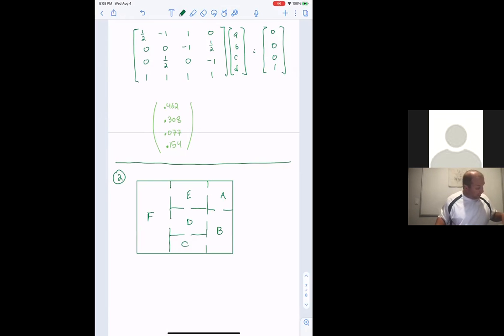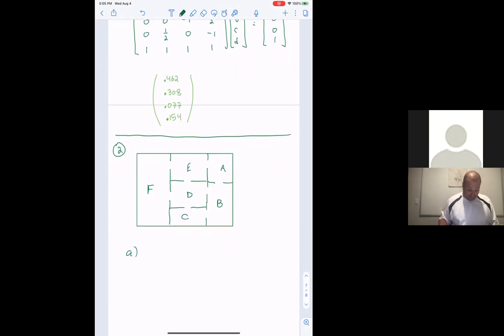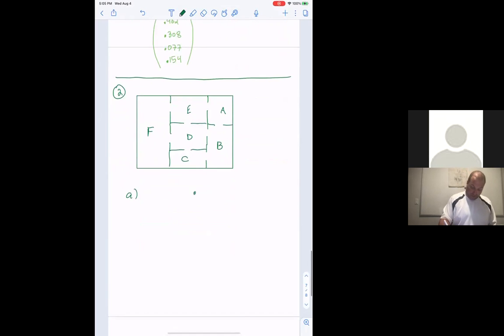Each of the rooms has gaps in the wall connecting it to adjacent rooms. A, draw the maze as a graph, with the vertices representing the different rooms and the edges representing the gaps between rooms. Again, you should always be doing this yourself first.